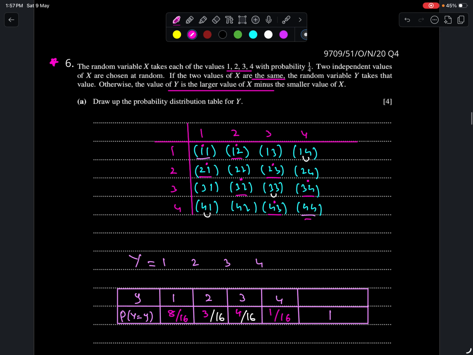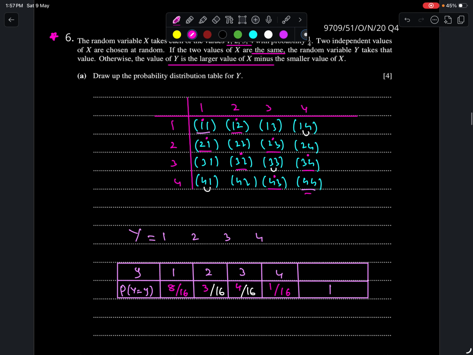Same, Y is the larger value of X minus the smaller value of X. There is one number left. Which one is that? 1, 1, 1, 2, 2, 1, 2, 3, 3, 2, 4, 3. So 8 upon 16. 1 is missing. 1, 2, 3, 4, 5, 6, 7.